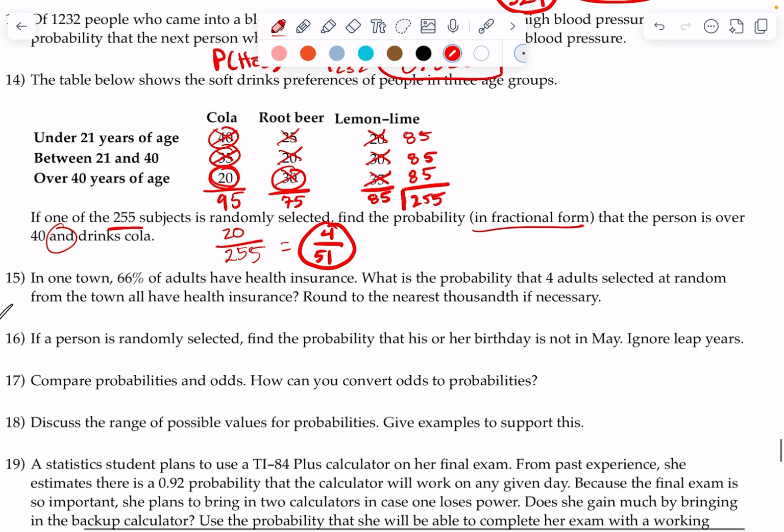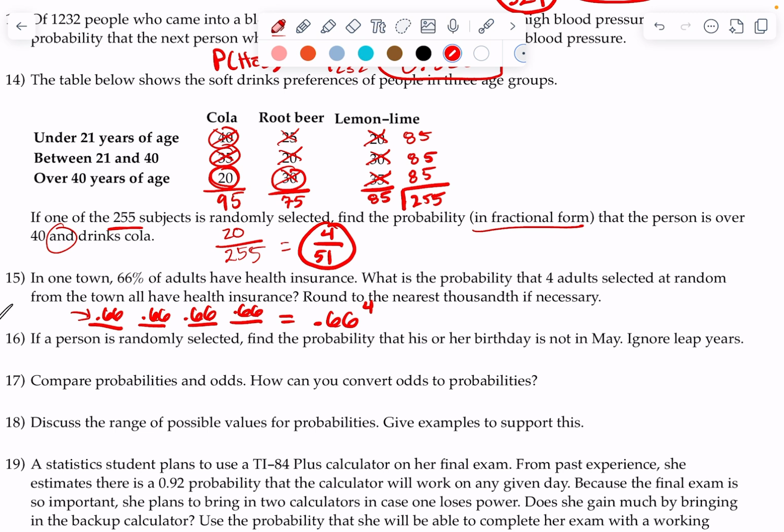In one town, these are the hard ones. In one town, 66% of adults have health insurance. If 4 adults are randomly selected in the town, find the probability that all of them have health insurance. 1, 2, 3, 4. What's the chance that this person has health insurance? 0.66. The second one, 0.66, 0.66, 0.66. That is 0.66 to the 4th power. I'm going to guess that it's a small number, right?